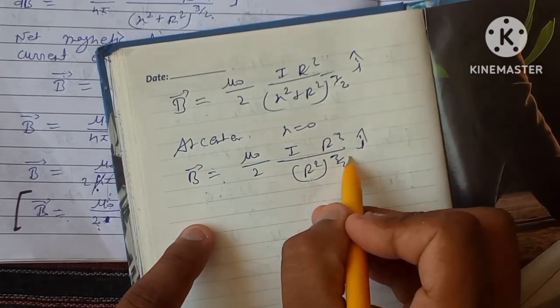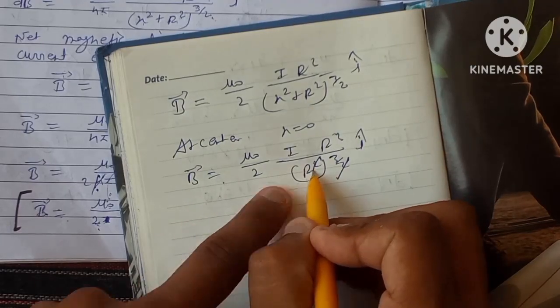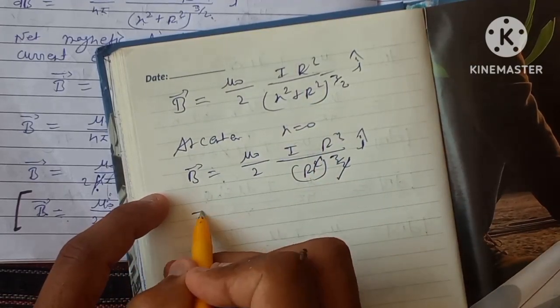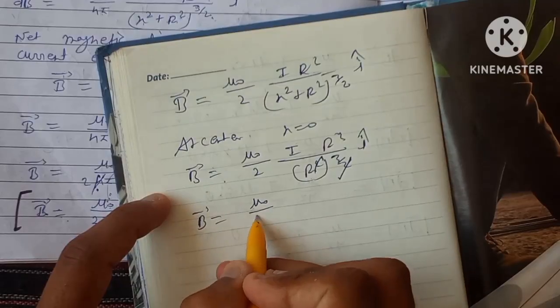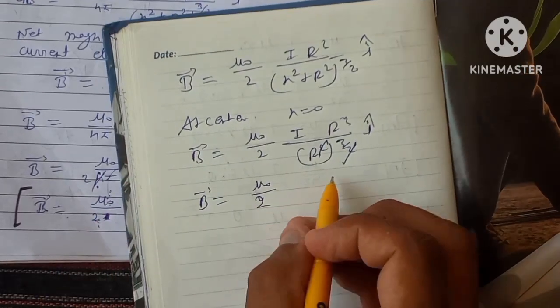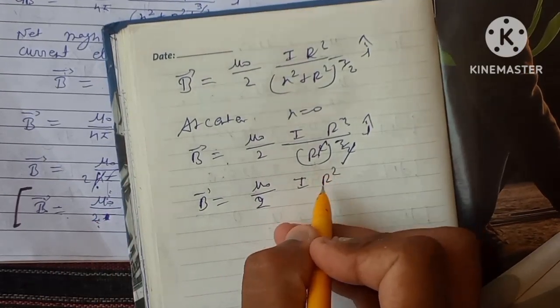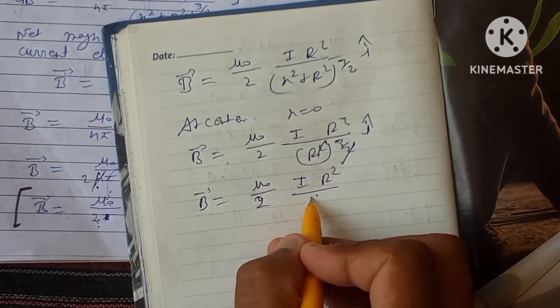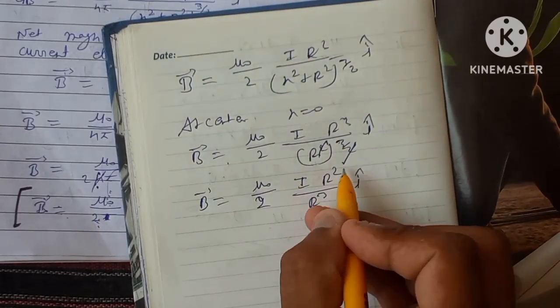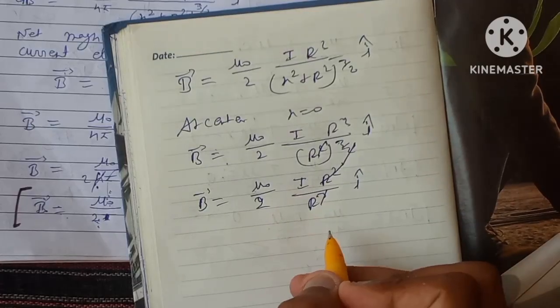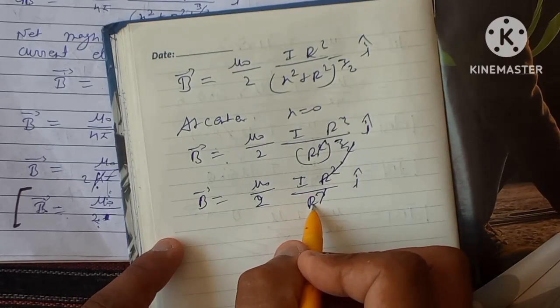And this 2 will get cancelled. So I will get B vector is equal to mu naught divided by 2, I R square divided by R cube, I cap. R square cancels with one R, so only one R remains in the denominator.